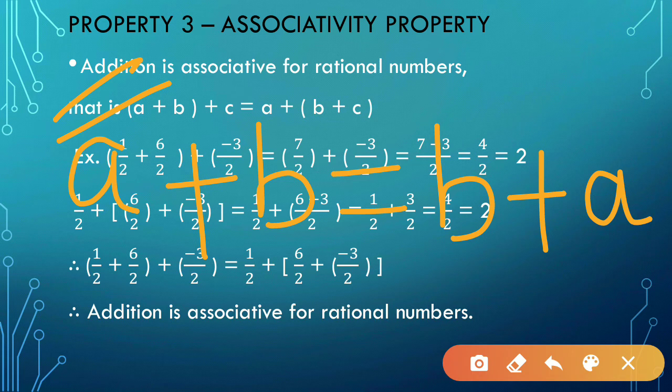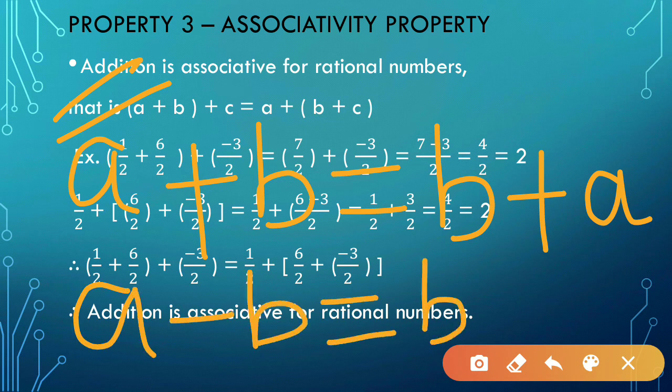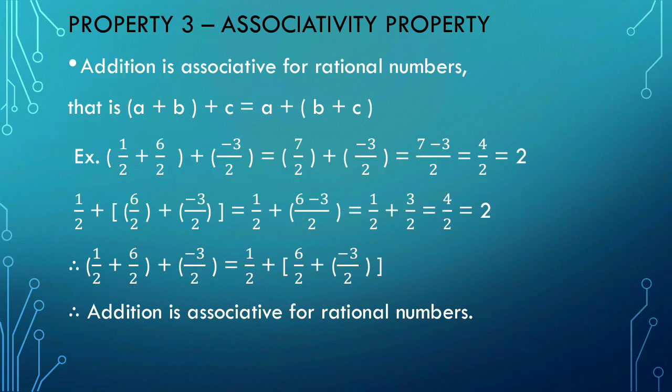Suppose for subtraction, if a minus b equals b minus a, then it is commutative. But if you are not getting this, it is not commutative. So you have to learn all the necessary conditions.